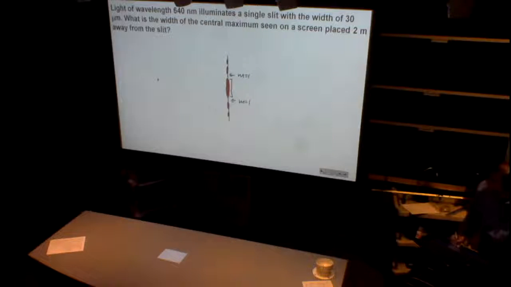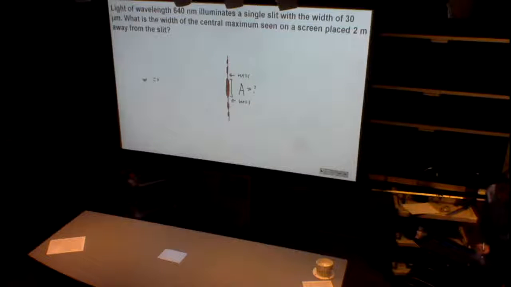There is no special variable for that. Let's call it, I don't know, I don't want to use a W because W usually is set for the width of the slit. So I'm going to use, please pick a letter. Perfect. That's what we're looking for.